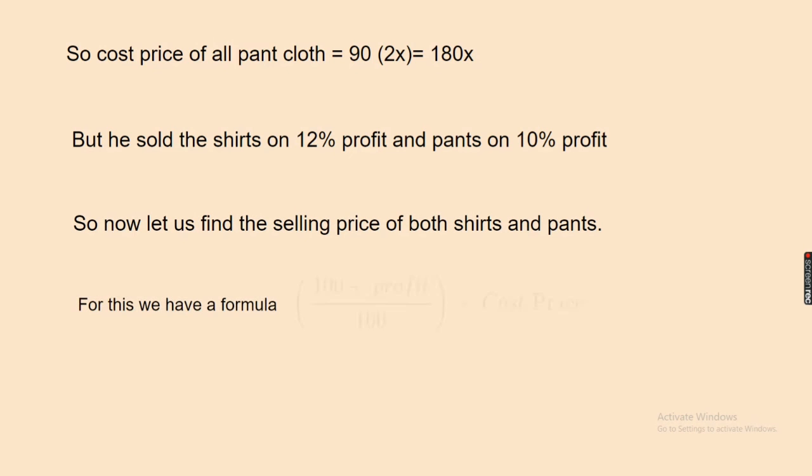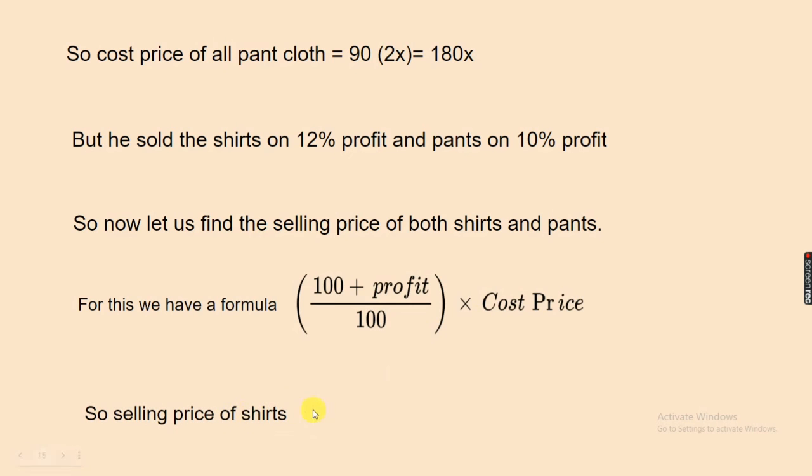For this we have a formula: selling price equals (100 plus profit) upon 100 multiplied by cost price. If there is a loss, then the formula would be (100 minus loss) upon 100 multiplied by cost price.